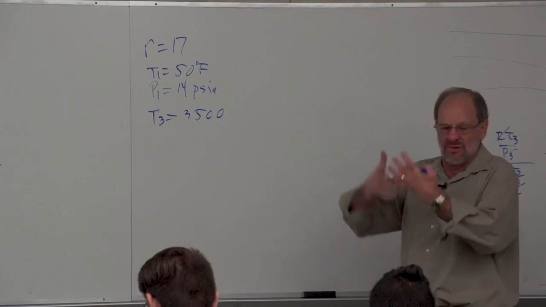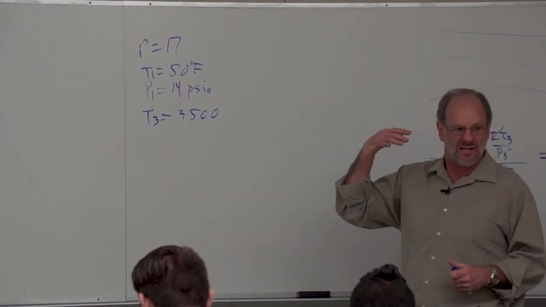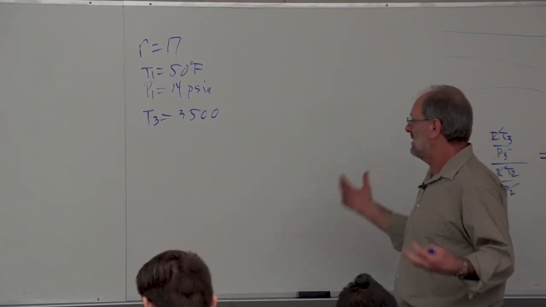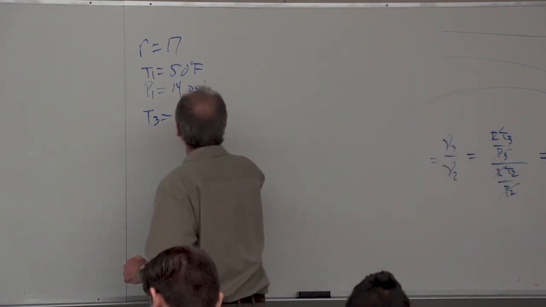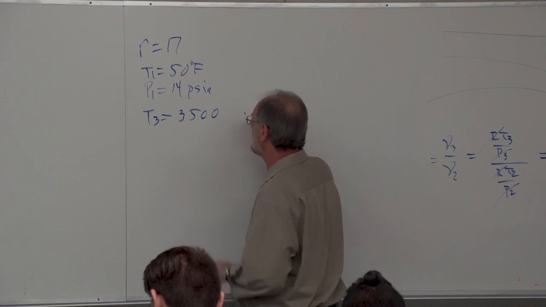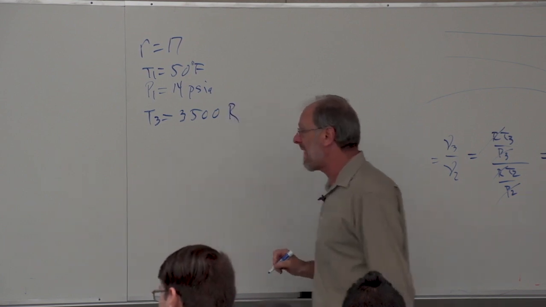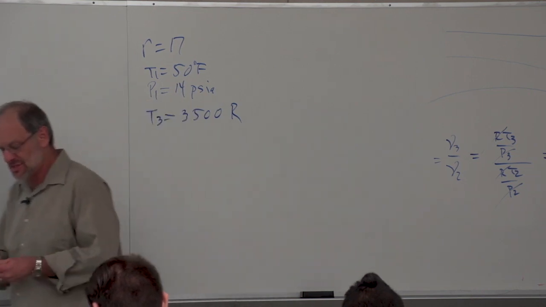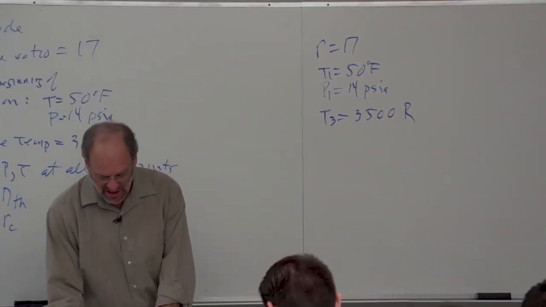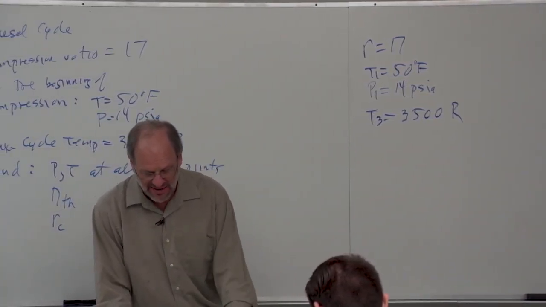We keep adding heat, the temperature would keep going higher until we finally get to the end of that process at point 3, and then the temperature is going to start to drop. So T3 is the temperature that I've given. That's the maximum cycle temperature, and that is in Rankine. Okay, and then we're trying to find all those various states and properties, so I'll just leave it at that.